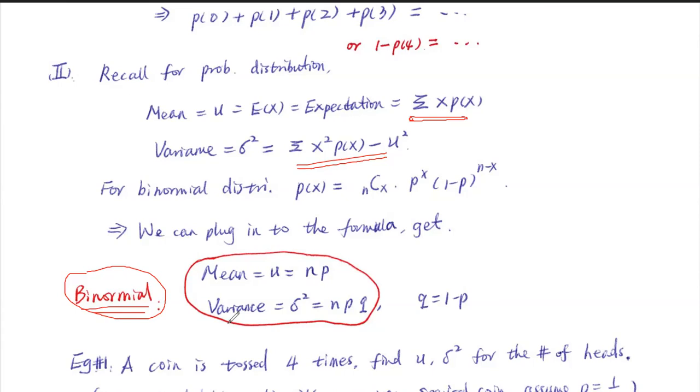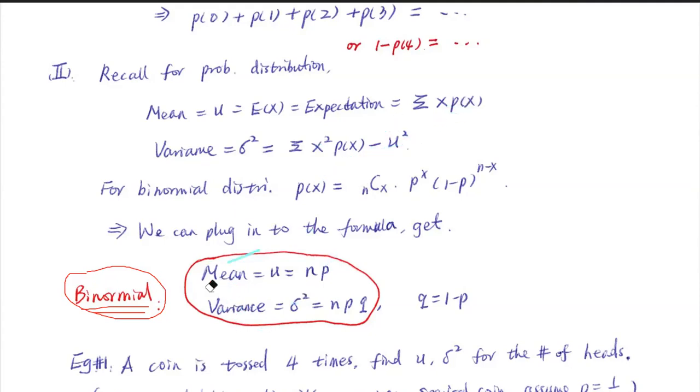So that's the reason we want to introduce a shortcut to find out what's the average, what's the variance. I think right now it is still a little bit confusing. Let's use some example to help us understand better, like how do we apply this formula? What does that mean? Let's use some example to explain that.